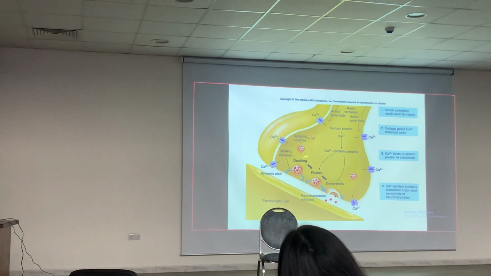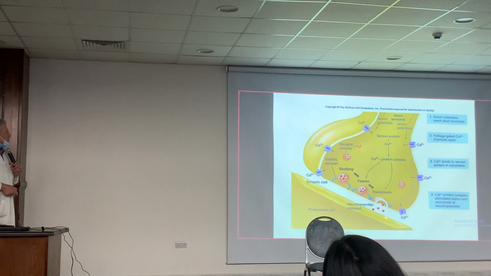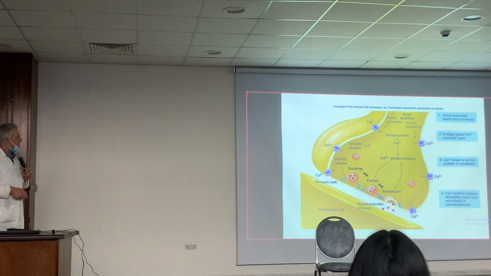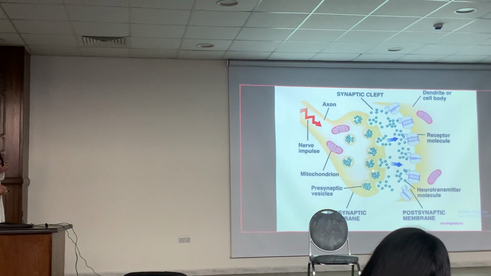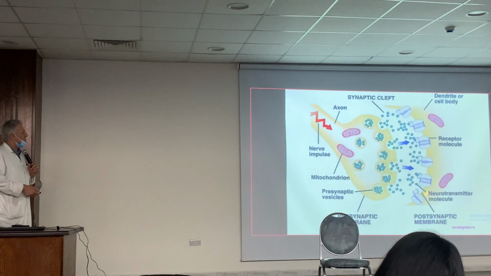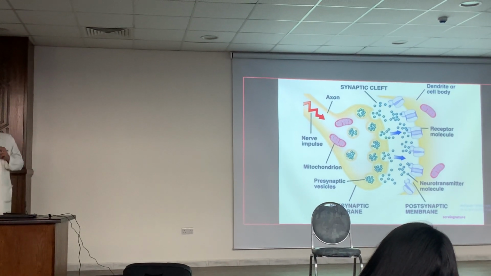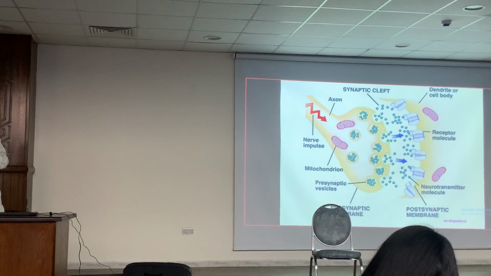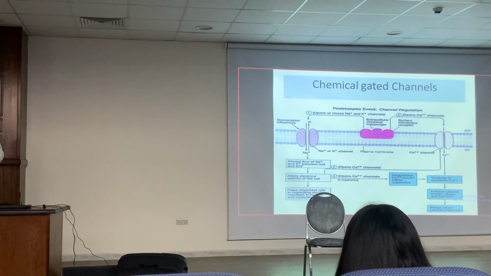What happens at the terminals is the release of neurotransmitters, and these neurotransmitters bind to specific receptors, activating specific channels. By activation of these channels, we are changing the potential of the postsynaptic membrane, as you know the mechanism.